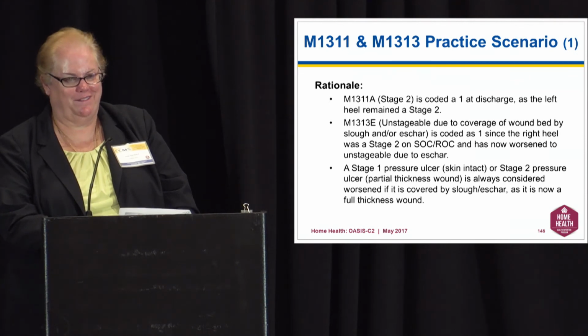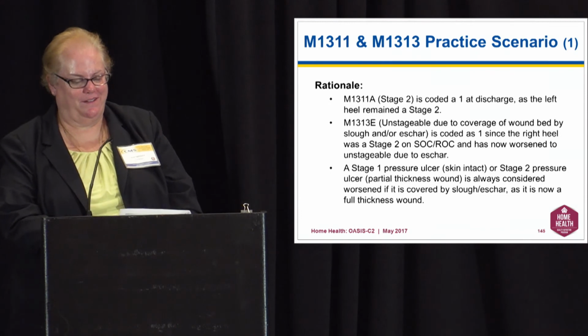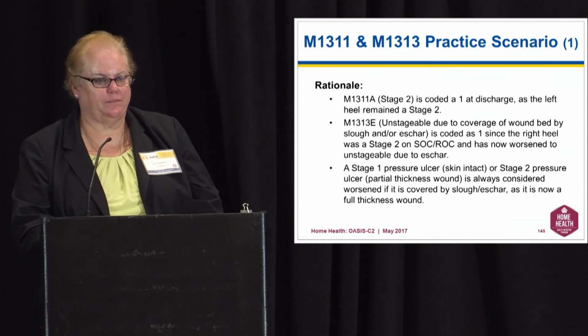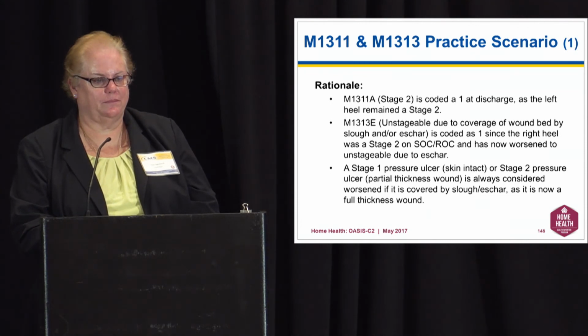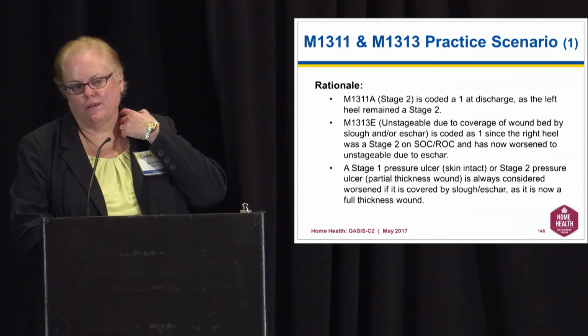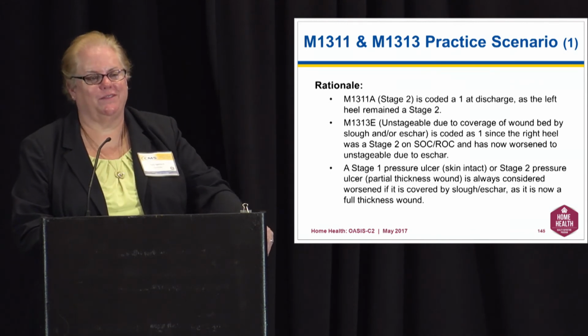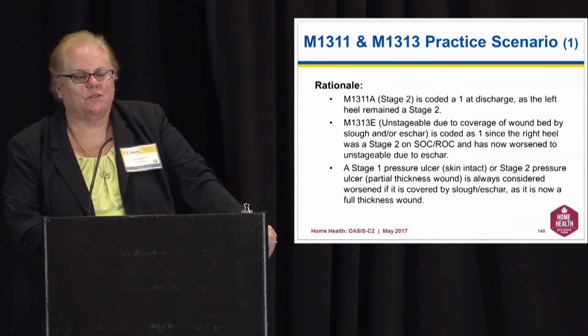Right. So I was thinking, since it can take 5 to 7 days for a suspected deep tissue injury to evolve, if we assessed it at the start and then in a few days, which probably would be within the 5-day period before we submitted the start of care, we would see it as a deep tissue injury.